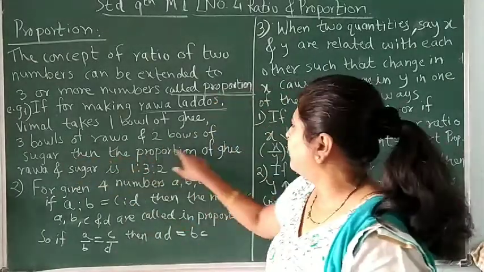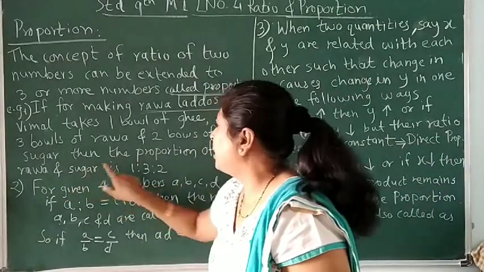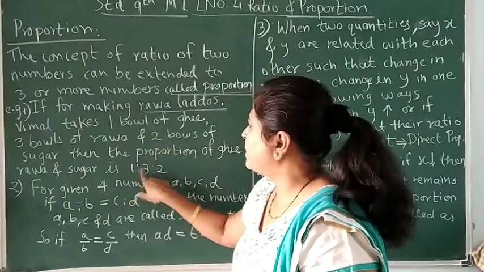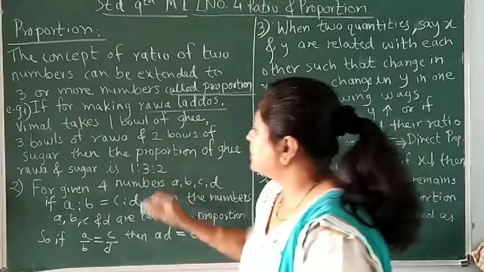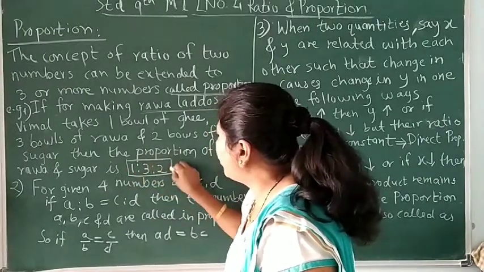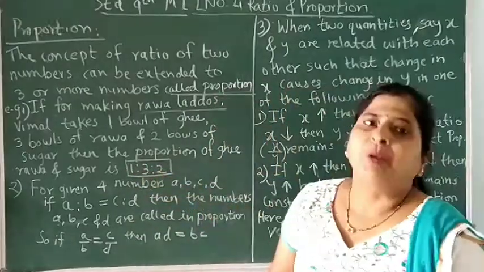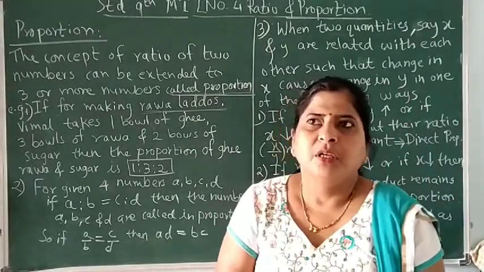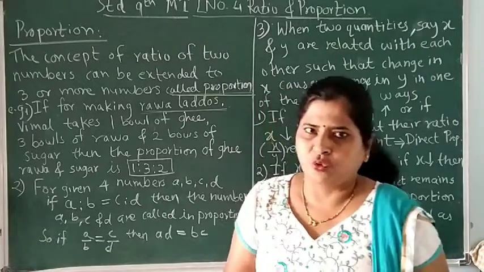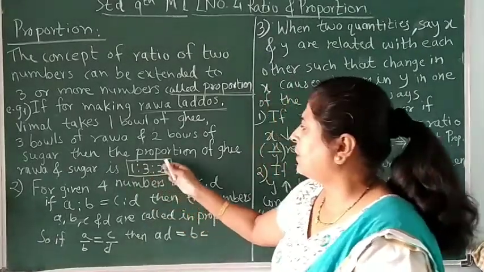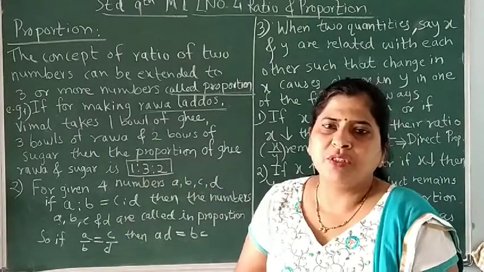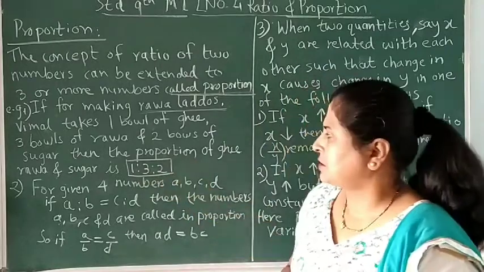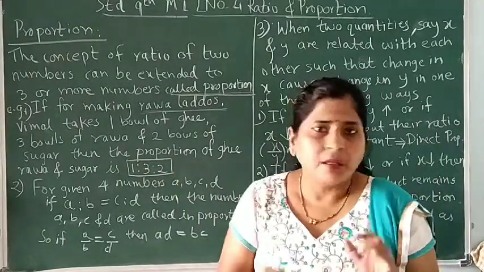Then the proportion of ghee, rava and sugar is 1 bowl, 3 bowls and 2 bowls, so 1:3:2. Here we do not call it a ratio, we call it a proportion. Here we use the word proportion in place of ratio, and the better word is proportion because there are more than two quantities. In this proportion she takes the ingredients and makes the laddus.